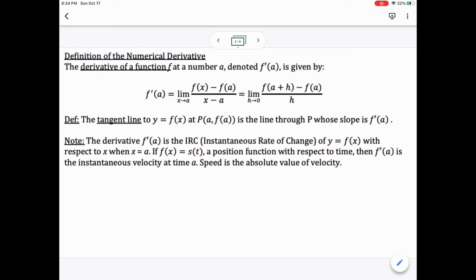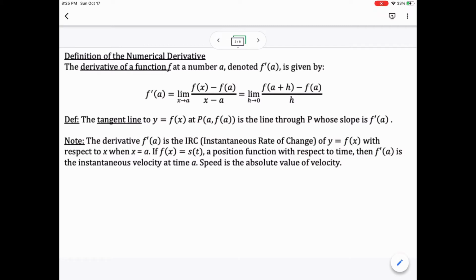We can write this in one of two ways: the limit of f of x minus f of a divided by x minus a as x approaches a, or the limit of f of a plus h minus f of a divided by h as h approaches 0. Those are two different ways of doing the same thing, and I'm going to show you how they look, and they're going to get us the same answer.